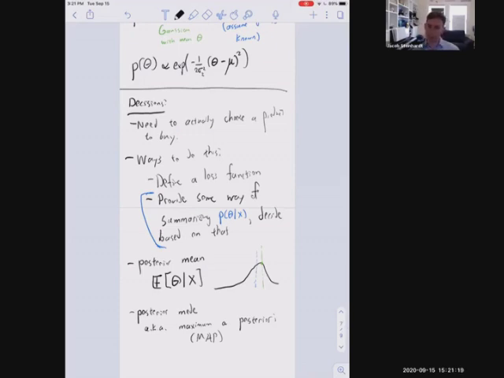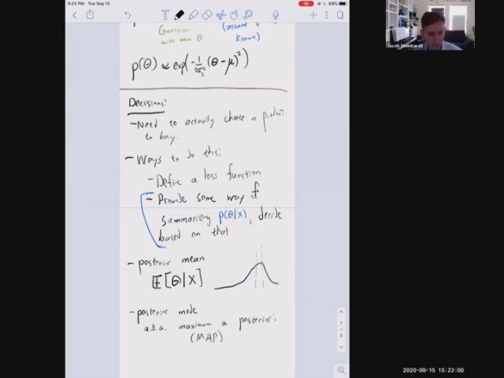MLE gives you the value that makes the X the most likely, whereas MAP gives you the most likely value of theta. That's still not conveying the overall uncertainty, but it's a nice single value summary: what's the single most likely value of theta. So that's what the MAP is. Those are just two nice ways of summarizing distributions that I think it's helpful to keep in mind.